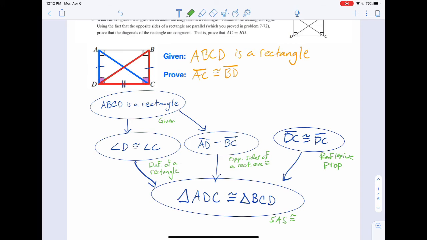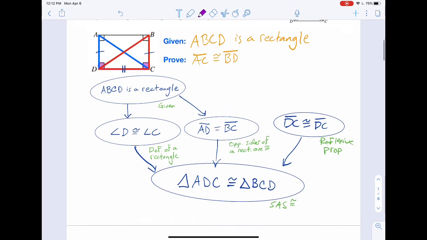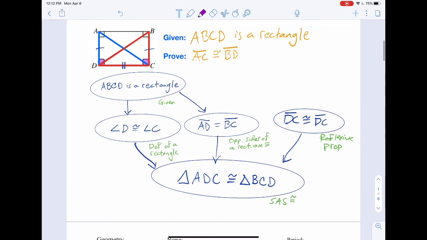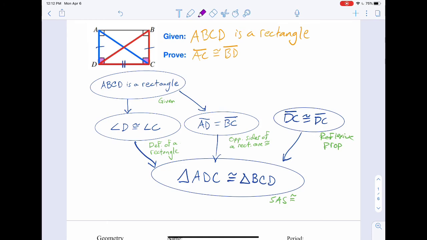Okay, now we have proven that the triangles are congruent. But have we proven what we're trying to prove up here? Not yet. So how can we prove from this that AC is congruent to BD?